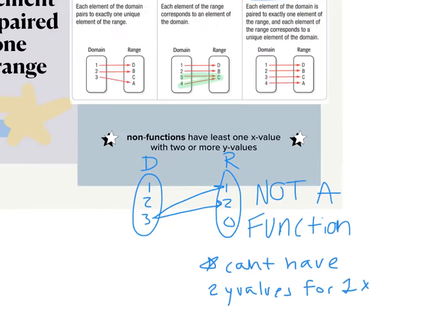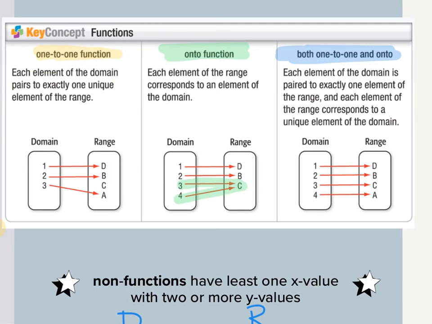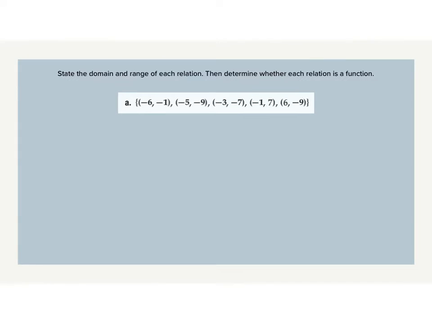In the first slide, our onto has two numbers in our domain that point to the same number in our range. So let's look at our first example. We need to state the domain and the range and determine if each relation is a function. Carter, can you go back up?